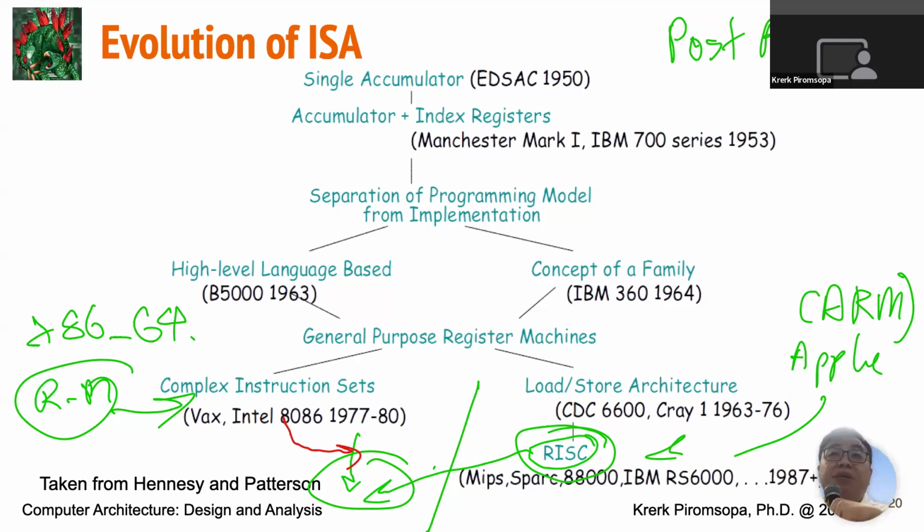That company happened to be AMD. So originally, AMD was a company that had to follow Intel, or else Intel could not sell product to the US government.